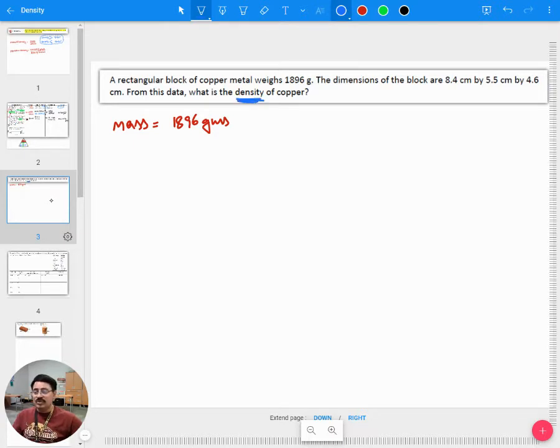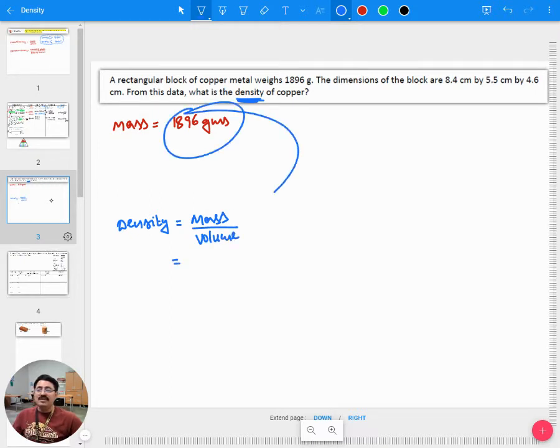From this data, what is the density of copper? Density equals, purposefully I left a gap in between. Density equals mass per volume, right? So we see that mass is 1,896 grams. That goes to the numerator.